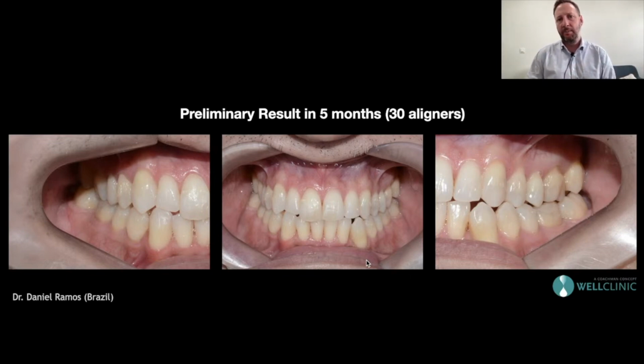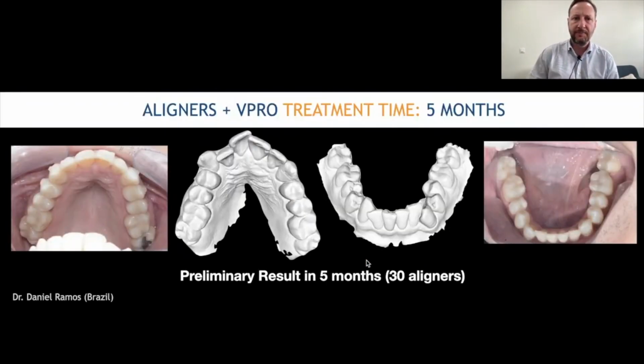And now I can plan the additional set much more easily. Okay, look at the difference, the amount of crowding we had and what could be accomplished in just 5 months. Again, I didn't change the sequence of the aligners, I didn't accelerate anything in the software. I just added this device that the patient used 2 times per day, 5 minutes.